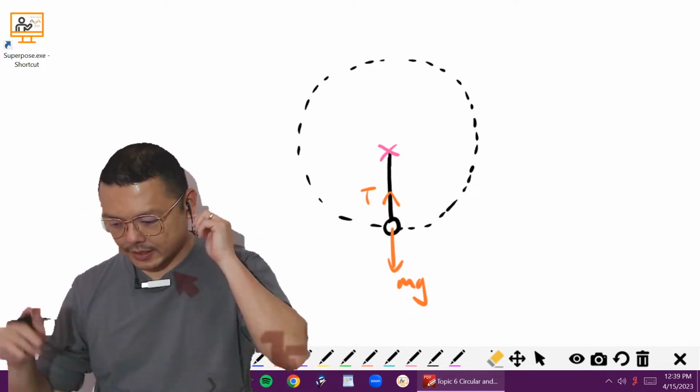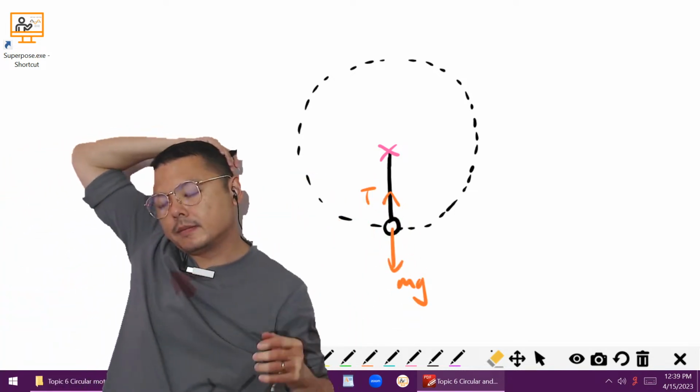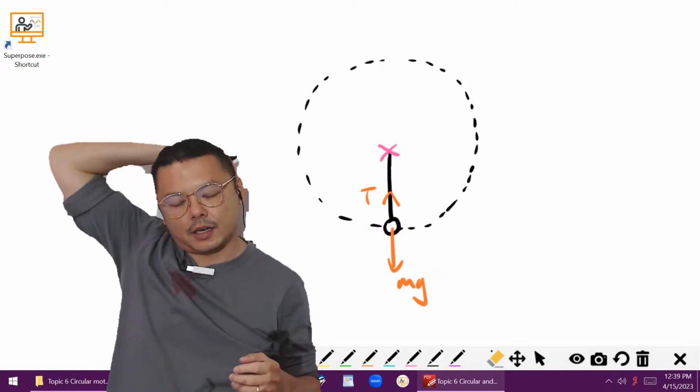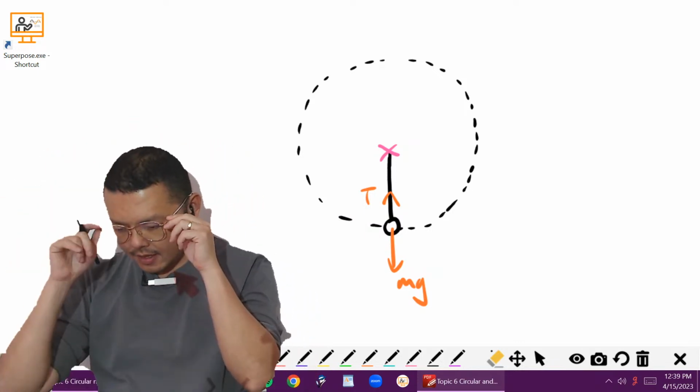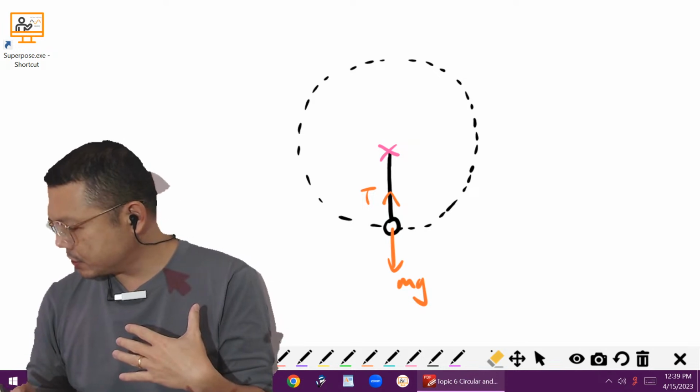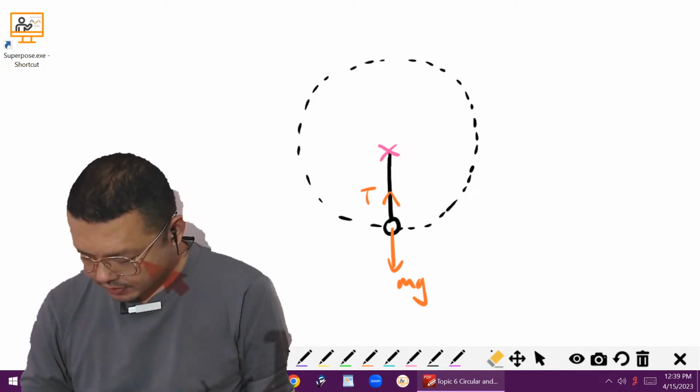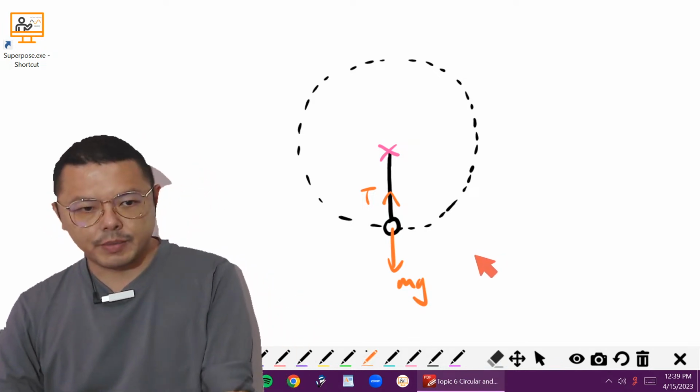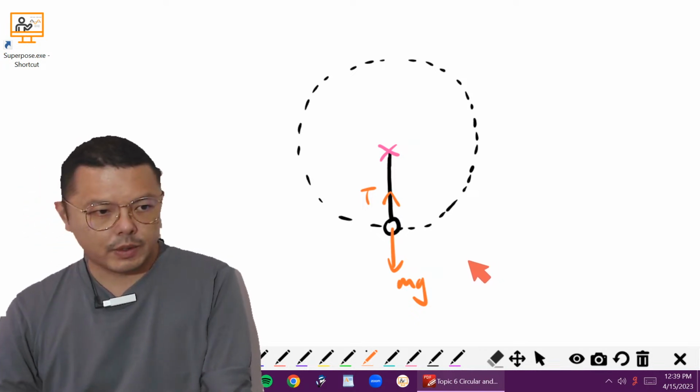Good. Towards the center. So I need you to write down the equation for the pendulum here. What's the equation for the pendulum?